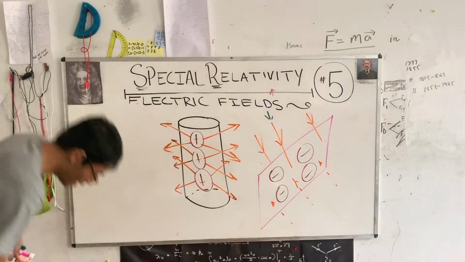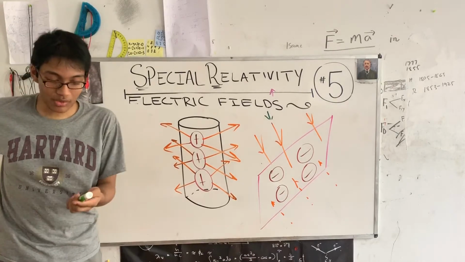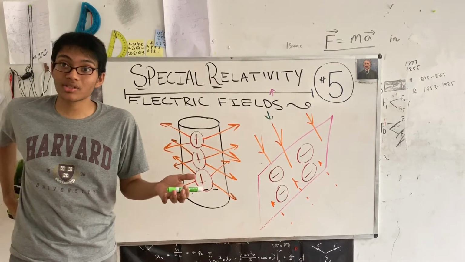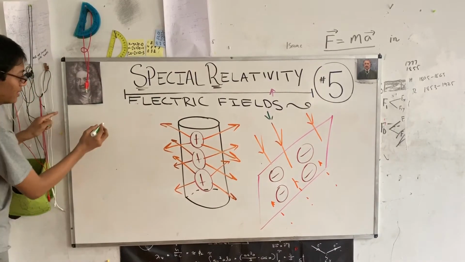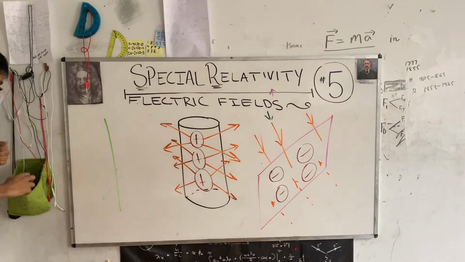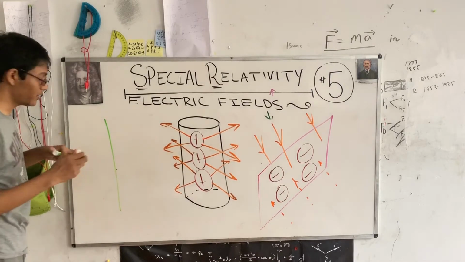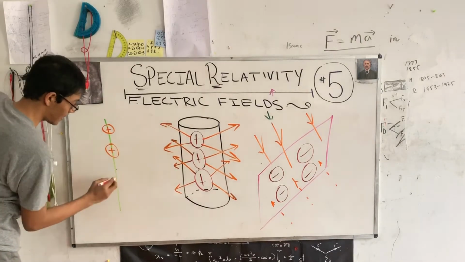And those are the field lines of a plane, a cylinder. You can even have an infinite line of charges, right? Because we can use calculus, there's no limit to what we can do. So for example, you can have some kind of infinite line of positive or negative charges, whatever you want. So let's say I have some alpha particles right here, right?